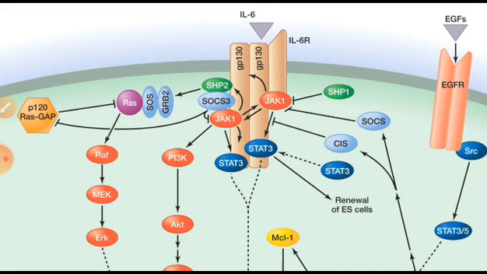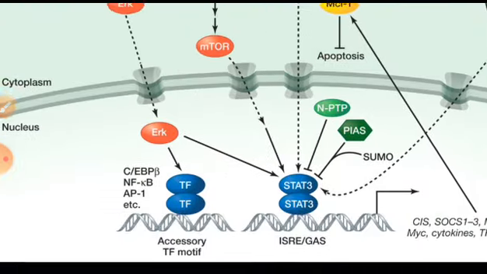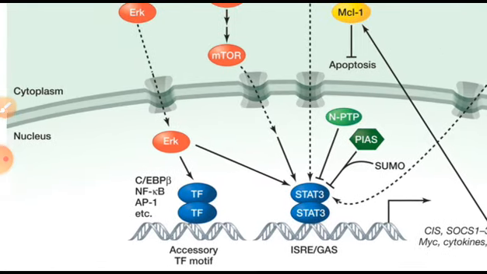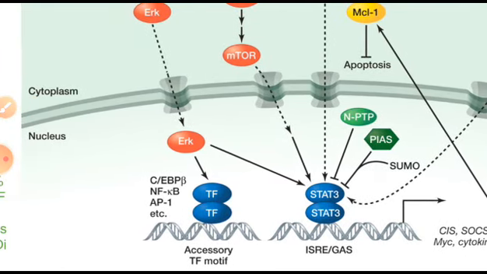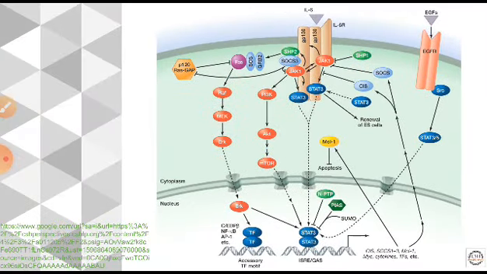Once it binds with the GP130, this diagram explains how these JAK proteins get activated and how the STAT protein gets activated and how they perform their action. And ultimately, if you see this part, they are changing the DNA level, right? I think this diagram will be more relevant with the next pathway that I'm going to talk about.